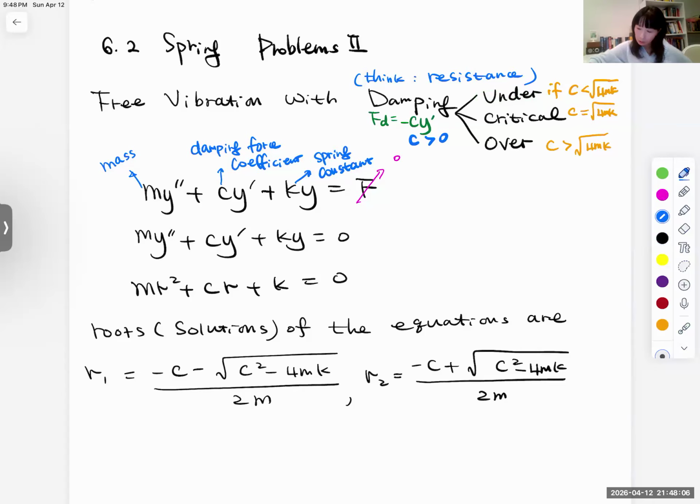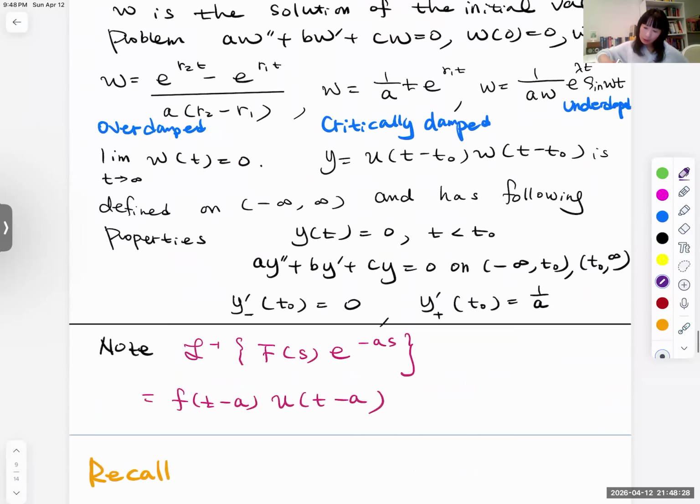So this is two complex. One exact, one solution. And this one, two real solutions, right? Real number solutions, yeah? Okay, so it's overdamping.